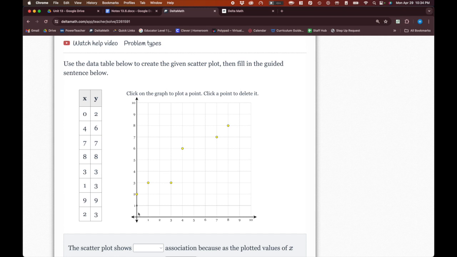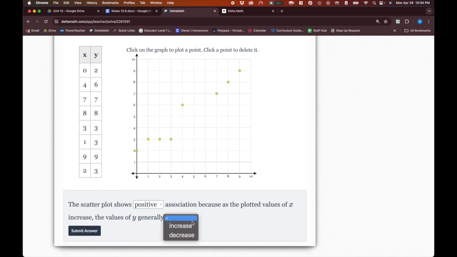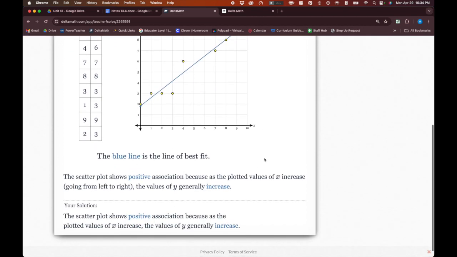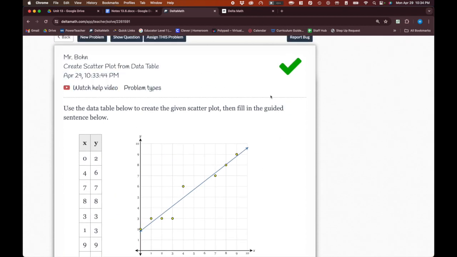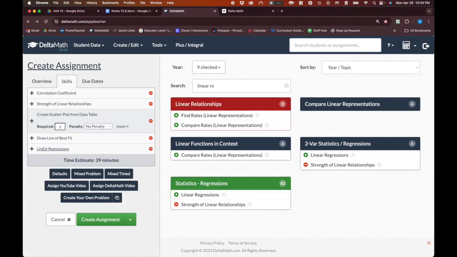This is a much nicer looking plot than the last one, a lot easier to see. It looks like this one is positive, and then our y values are going to increase. Let's see if that works. Oh, yes, perfect. Look at that wonderful green check mark. Sweet. So that's the second section.